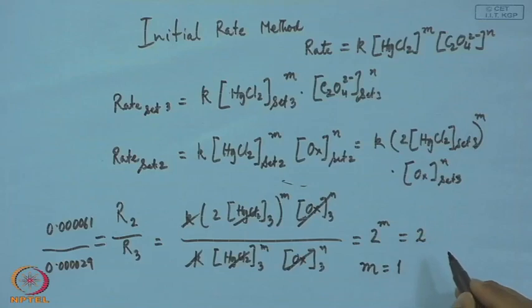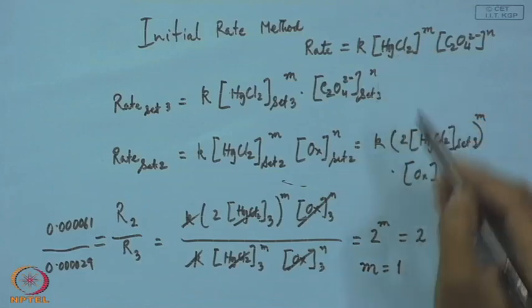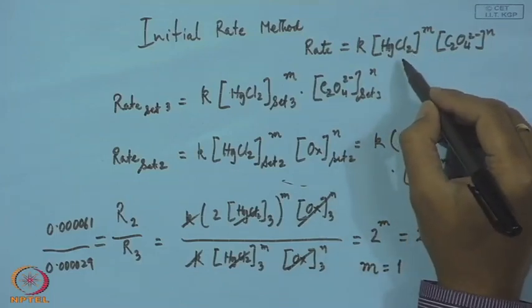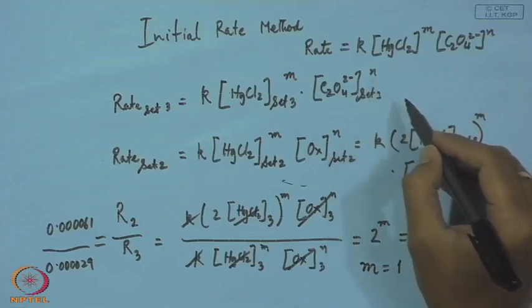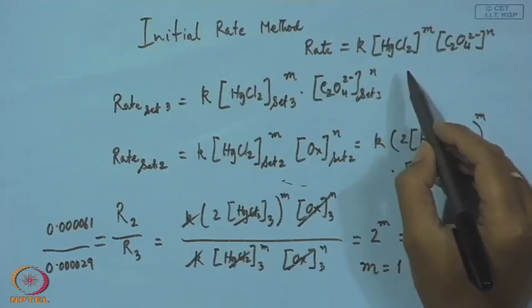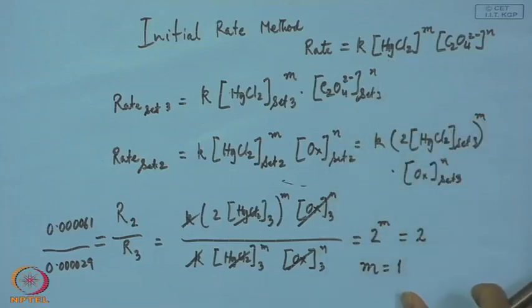So, now we are able to find the value of m, that is the order with respect to HgCl2. We see that it is first order with respect to HgCl2. So, for the reaction between HgCl2 and oxalate, this reaction is first order with respect to HgCl2.